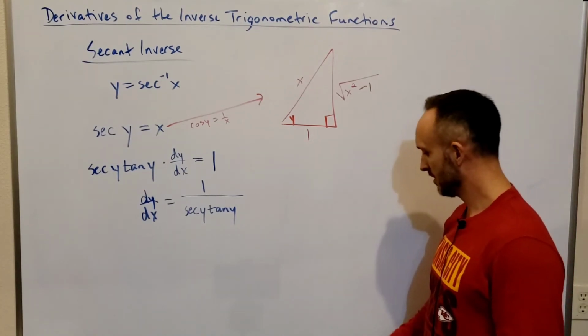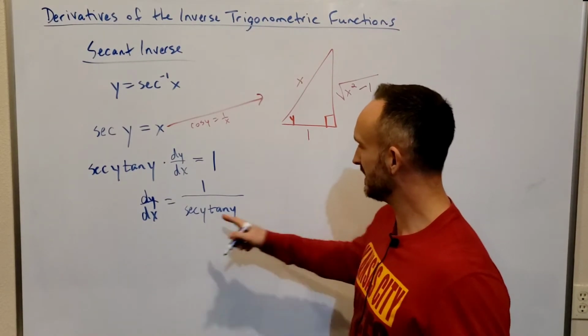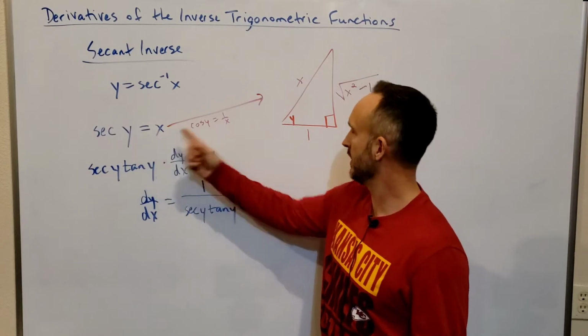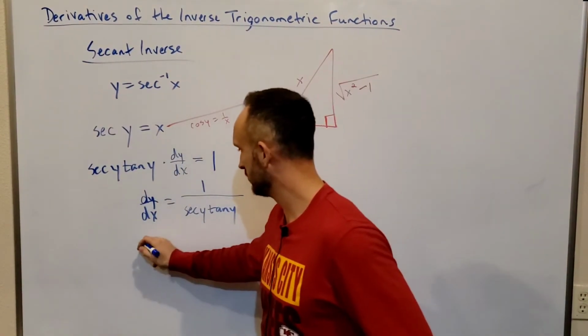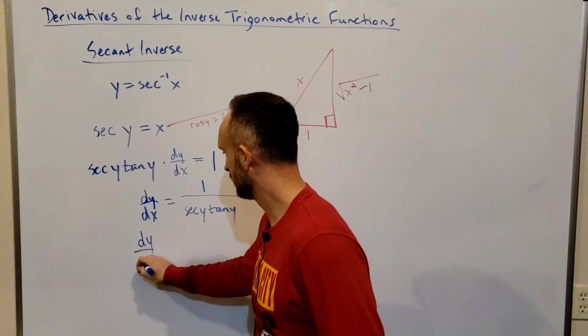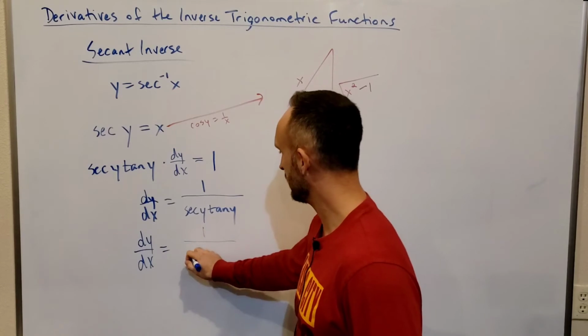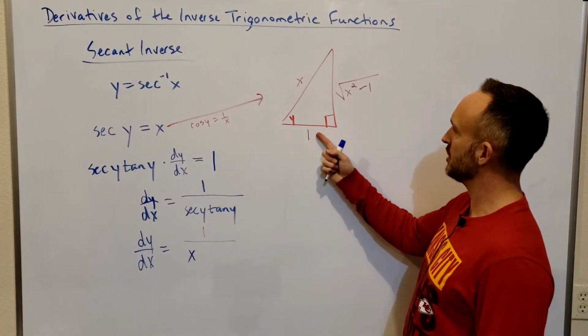Okay? So now we can come back and replace secant of y with, well, secant of y is x already. It's hypotenuse over adjacent, if you will. So we have 1 over secant of y, which is x. And then the tangent of y is opposite over adjacent.